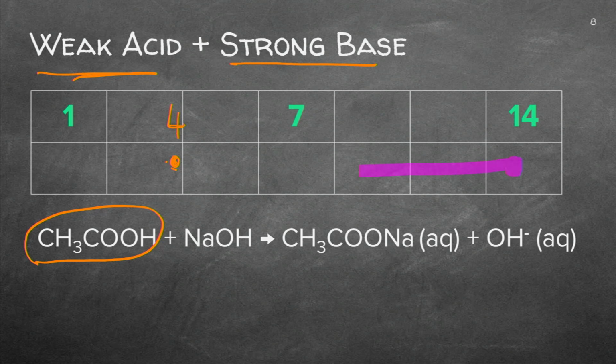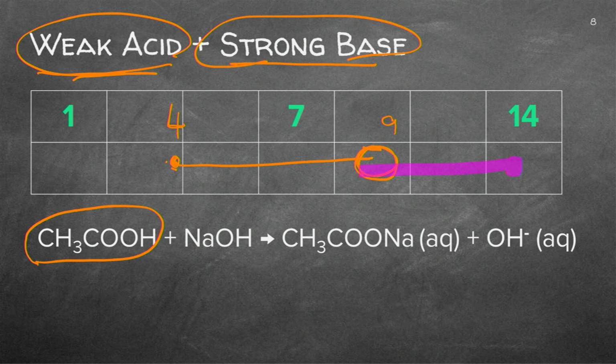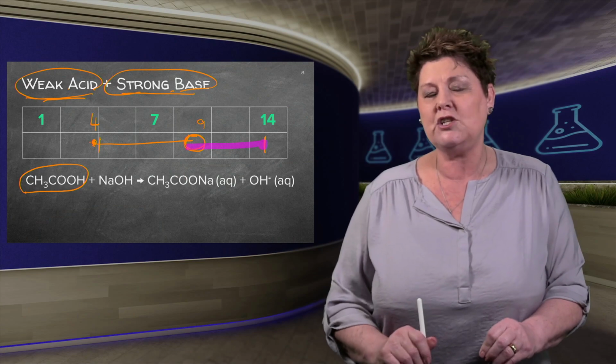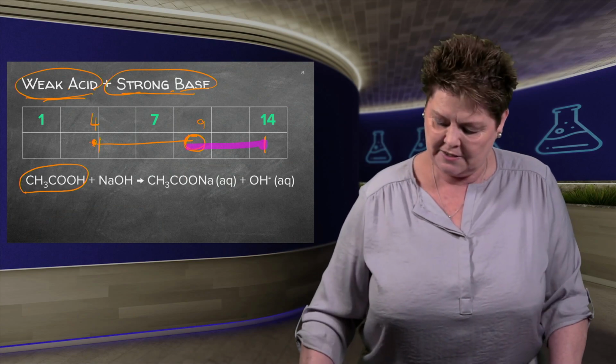So can you see, if we now go to the end point, it will not be 7. It will probably be around 9. That will be when I've got a weak acid and a strong base. So I'm working to get the middle of this. Now that will have serious implication in your choice of indicators.